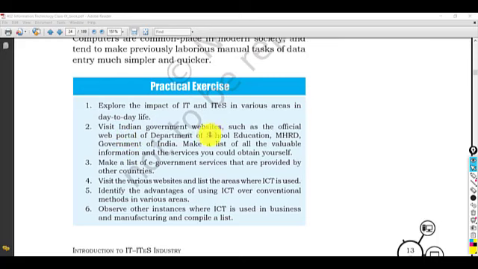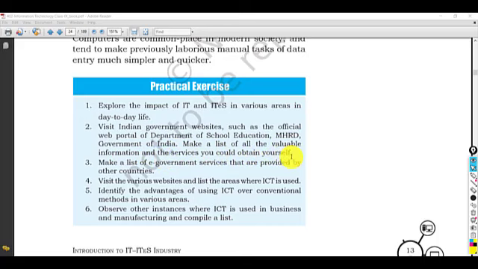Visit an Indian government website, such as the official web portal of the Department of School Education, MHRD, meaning CBSE. You can go to the CBSE website and make a list of all the valuable information and services you could obtain yourself.